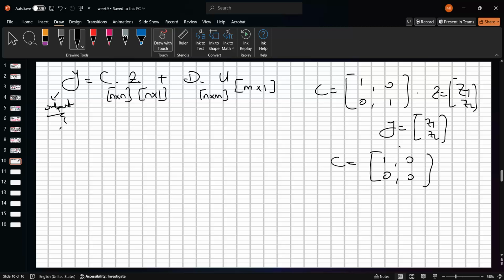Yes, z1 is the position, and so we only measure this value in here. Okay? Or if we want to measure the velocity, 0 1.